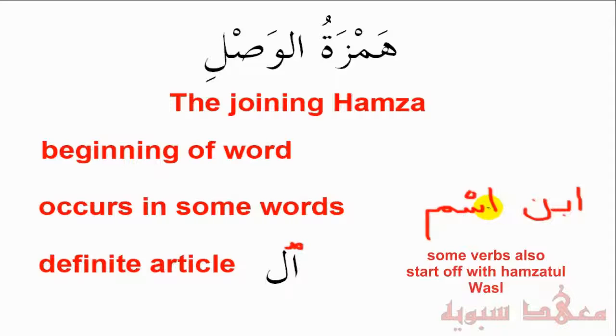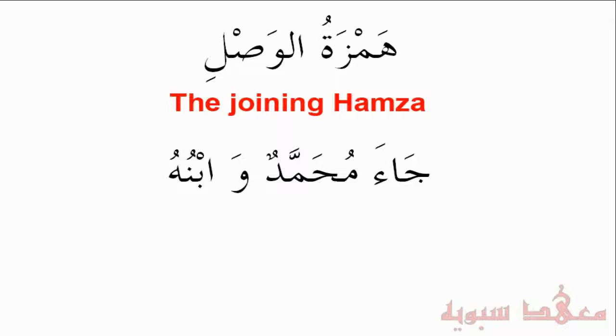Now the question is, why do they call it Hamzatul Wasl, the joining Hamza? Now for example, this sentence here, it says Ja'a Muhammadun wabnuhu. Now this is Hamzatul Wasl there, the word ibn, remember? Ibnuhu means his son. Now when there's something before it, like here the waw, and regardless of what's before it, if we're actually reciting it, we don't pronounce this Hamza.